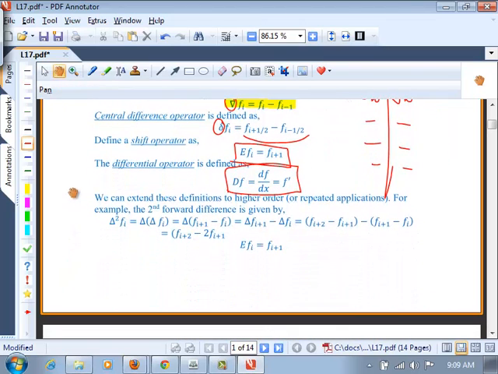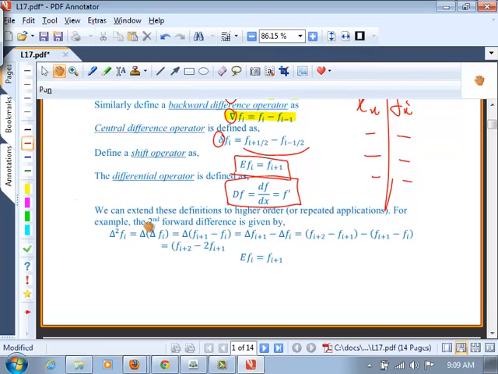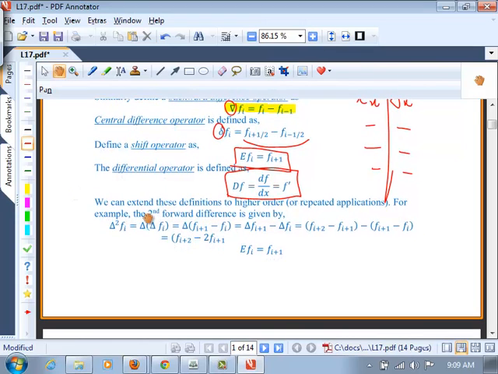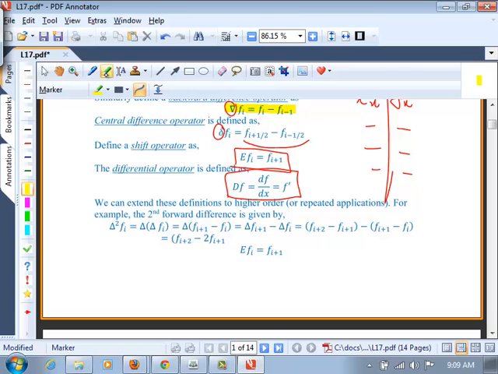So if I have this definition of a first difference that you see here, I can then apply that twice. Okay? That is, a first difference operated on another delta. So just like I have a second derivative from here, I could have a second difference. So the second difference would be difference of the first differences. So I expand the inner part first. Delta fi by definition is fi plus 1 minus fi.